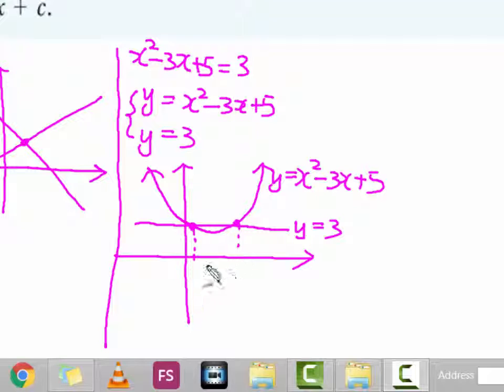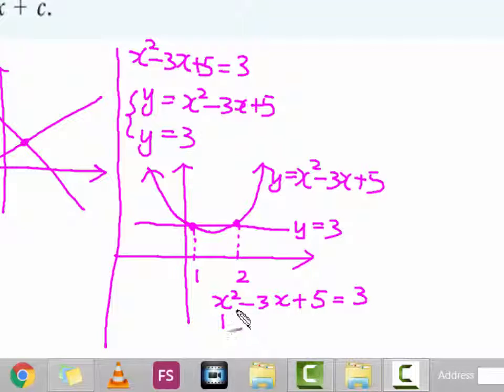Then the intersection points here are the solution for this system. You see the x values here are 1 and 2. Remember, we made up the y's to change the whole thing into a system, so we care more about the values of x, which are the solution for the quadratic equation here. So let's plug in 1 and 2 to see if it's equal to 3. If we have x equal to 1, I want to prove it's equal to 3.